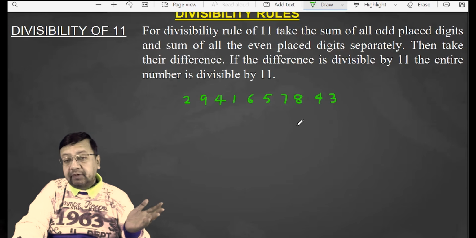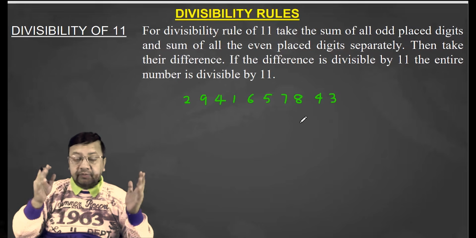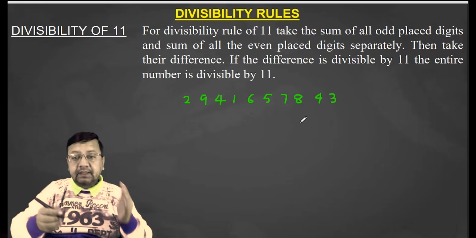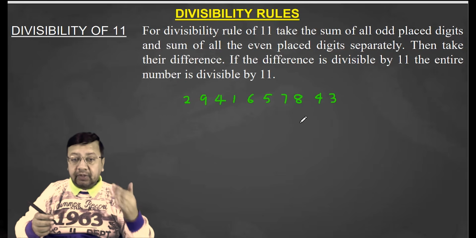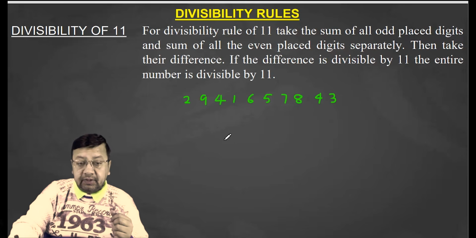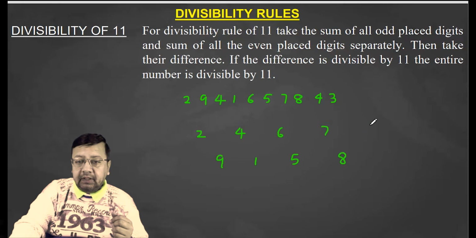So in the 7, what we are doing? We are making a group of 3 digits, right? Here for the 11, what to do? Just separate the individual alternate digits, right? So if I separate the individual alternate digits, so this will be 2, 9, right? 4, 1. This is 6, 5, 7, 8, right? This is 4, 3. Done.